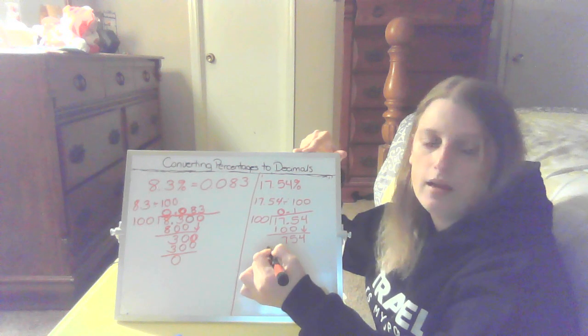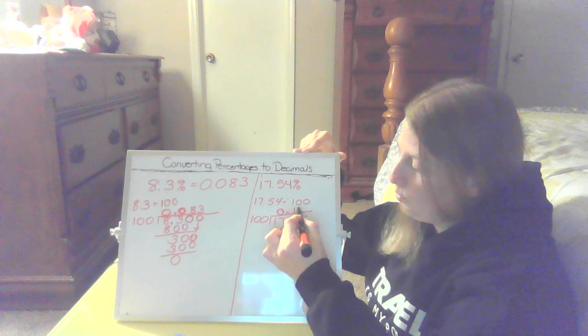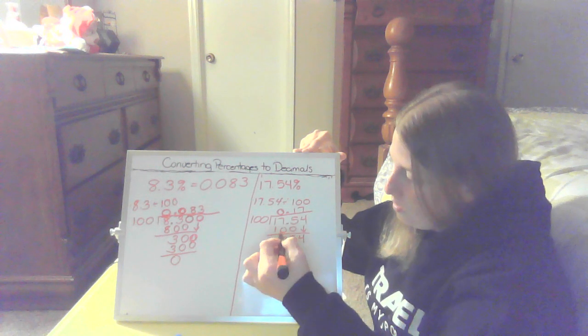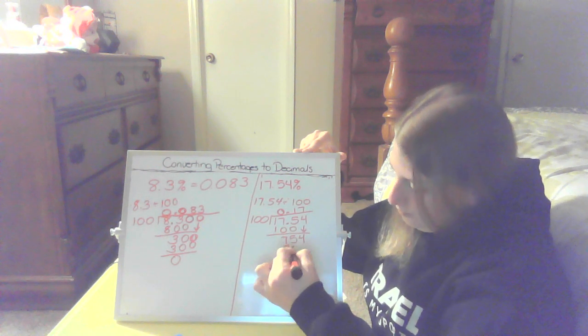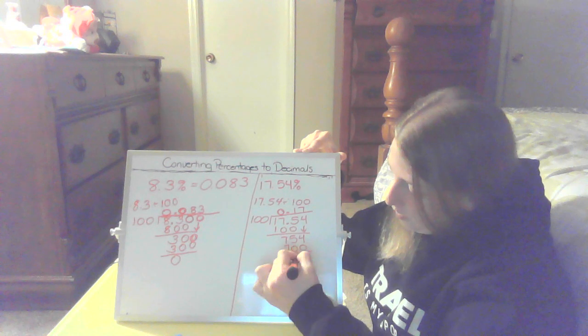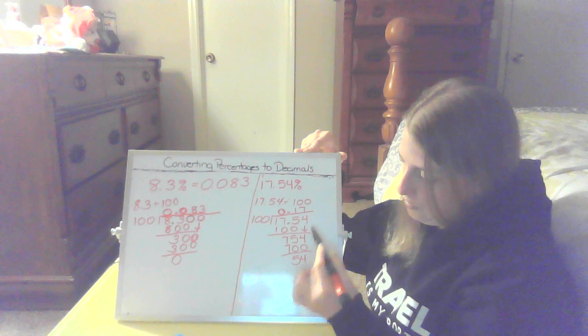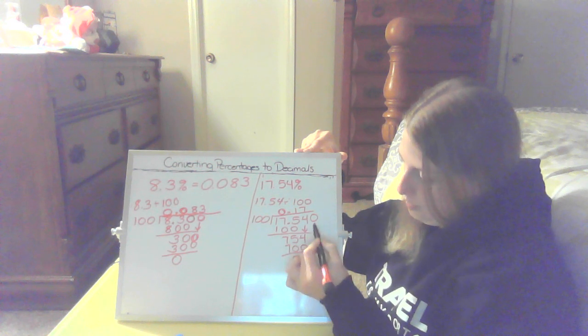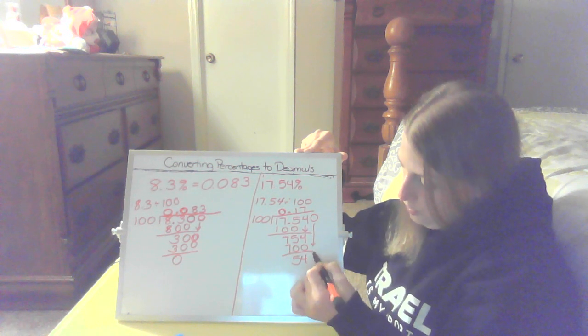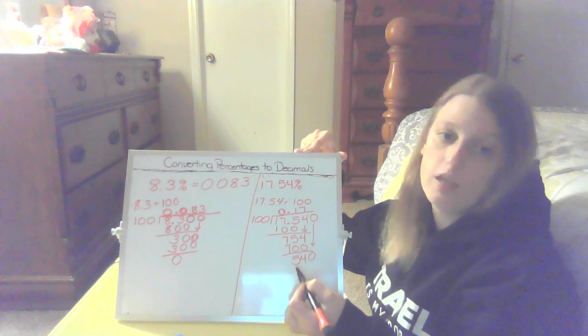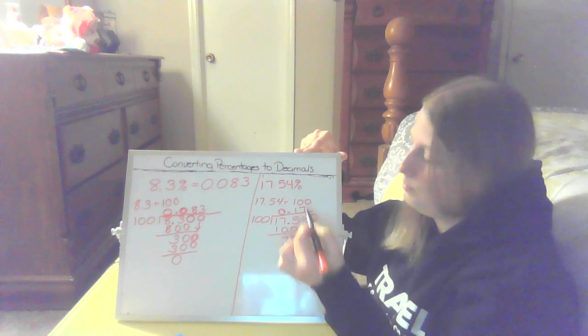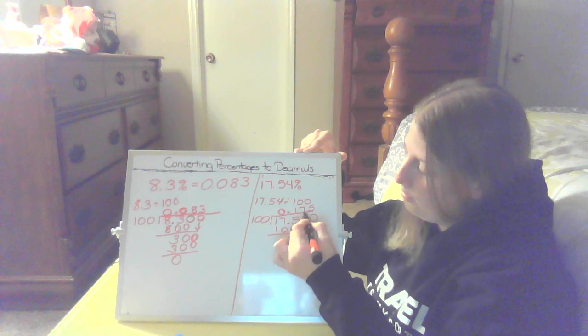And we know that 100 can go into 754 7 times. So we'll put a 7 here. And that's going to give us 700. And 754 minus 700 is going to give us 54, and we're going to make a 0 and bring it down. We know that 100 can go into 540 5 times, so we'll put a 5 there.